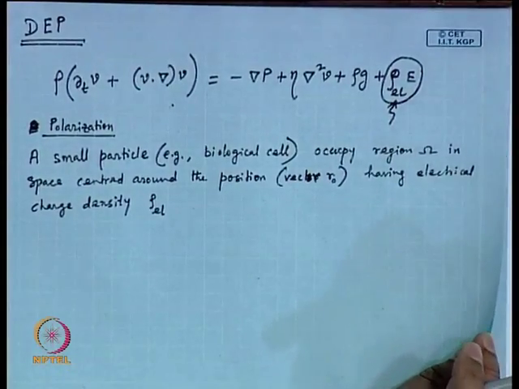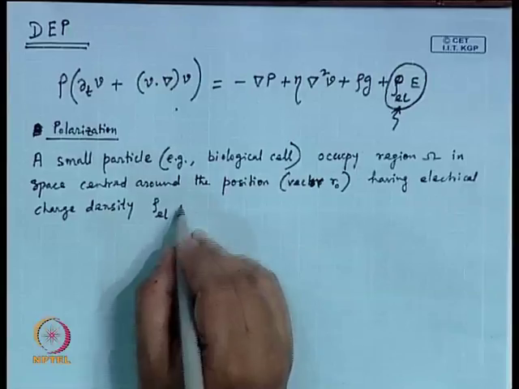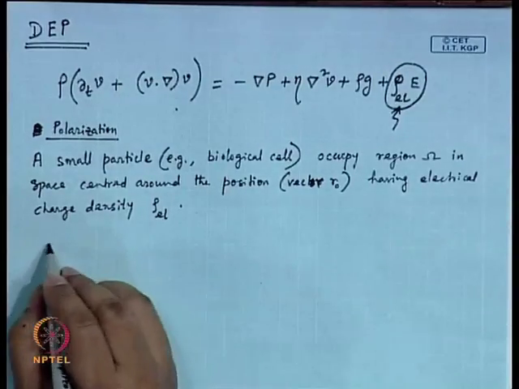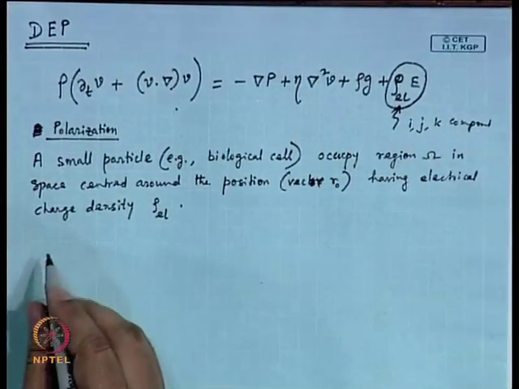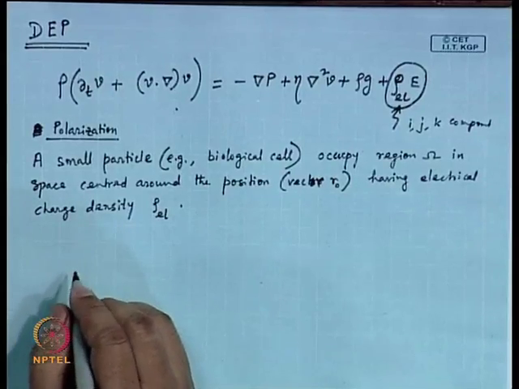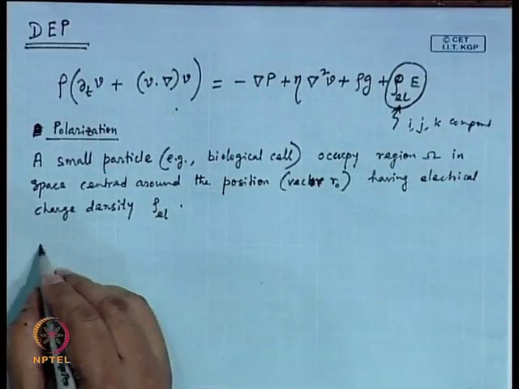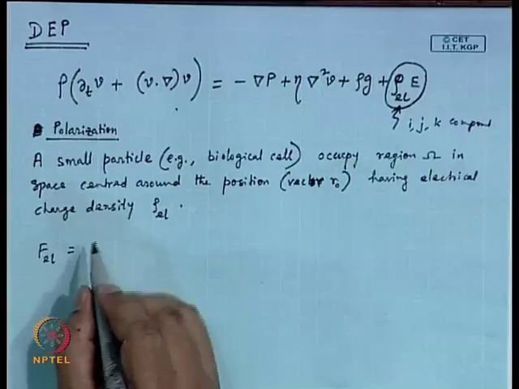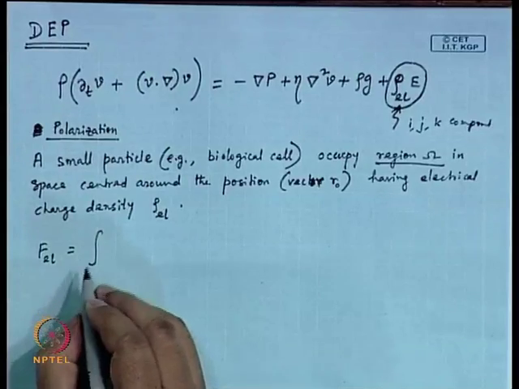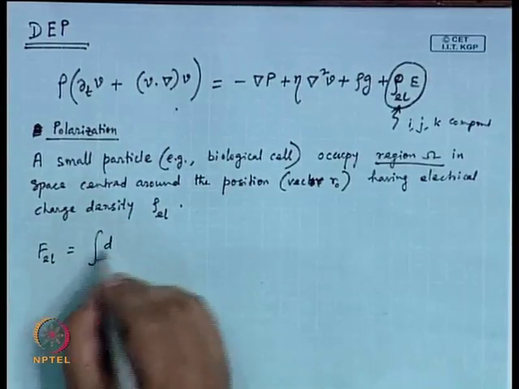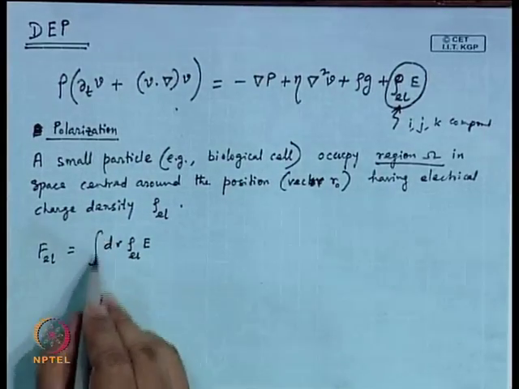Now, focus on this body force term. It will have i, j, k components, and if somebody wants to write this body force term, since we are talking about a region omega, generally the body force term would be the integral over dr of rho EL E for the entire region omega.